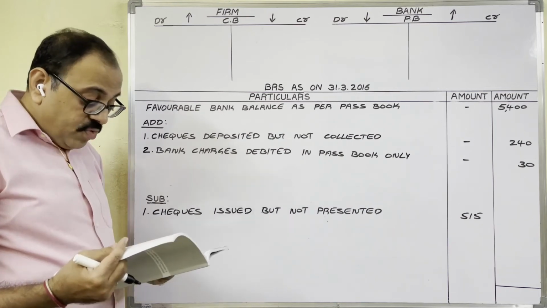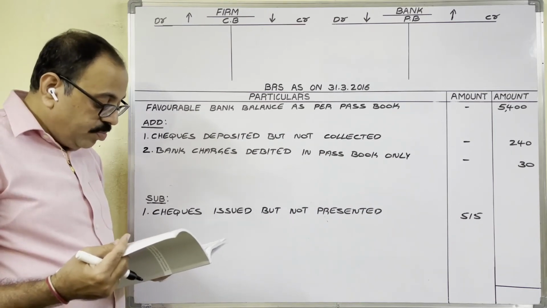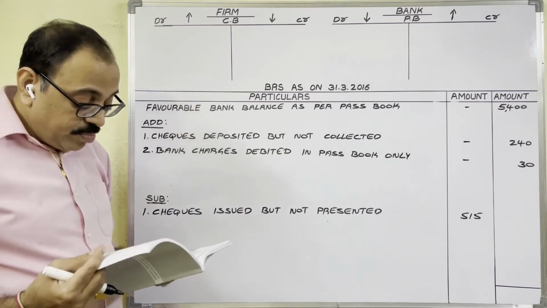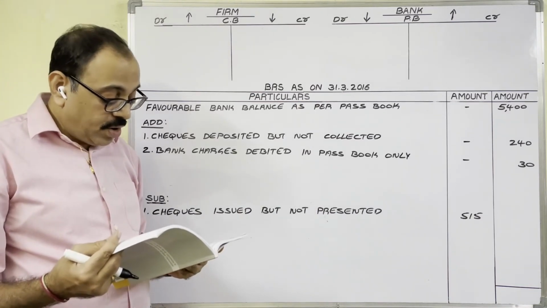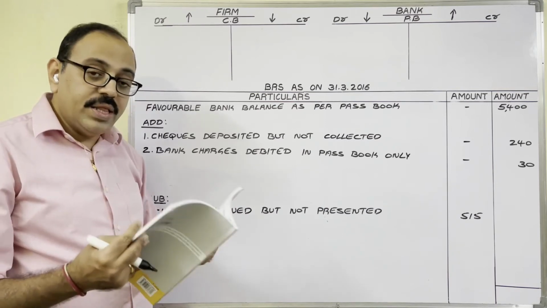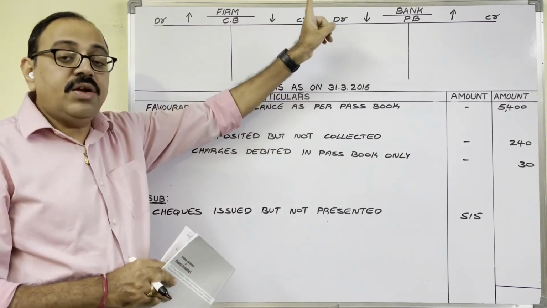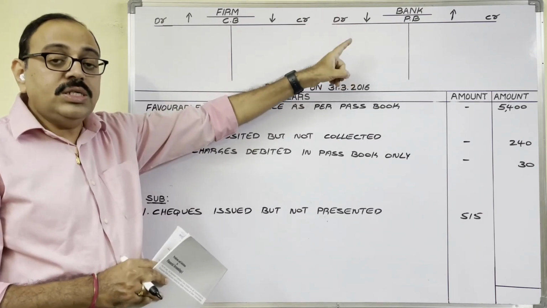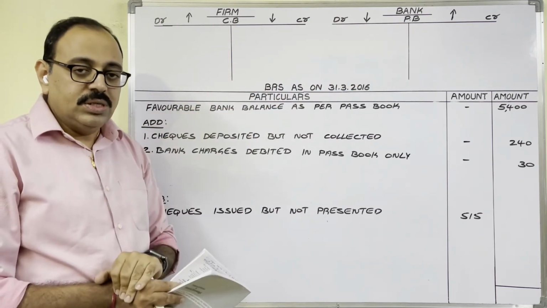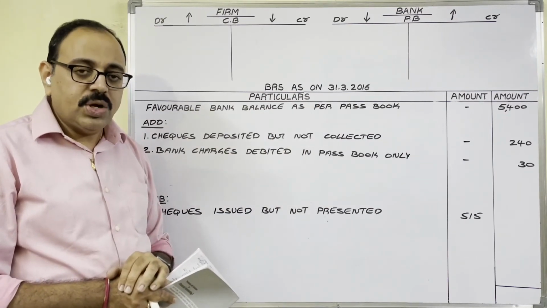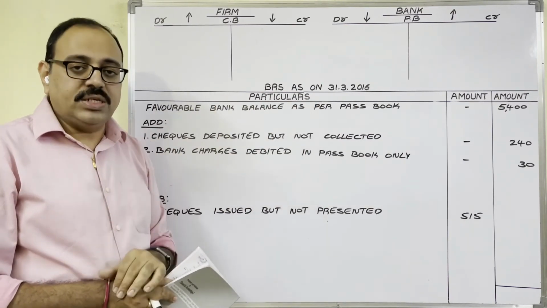Next, there was a debit in passbook of 30 rupees in respect of bank charges and credit of 25 rupees for interest on current account, but it was not recorded in the cash book. So in passbook, they credited 25 rupees towards interest on current account. This is current account bank balance, no? Favorable bank balance. On that, bank paid interest.